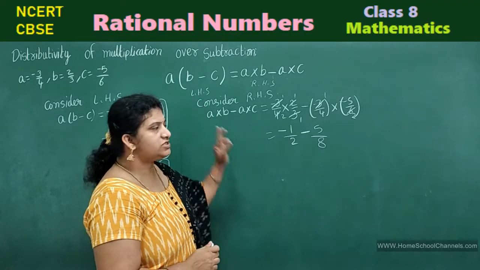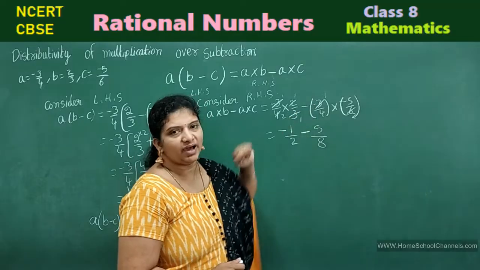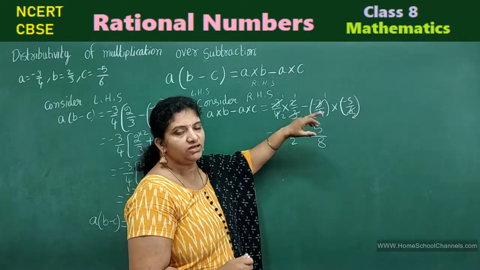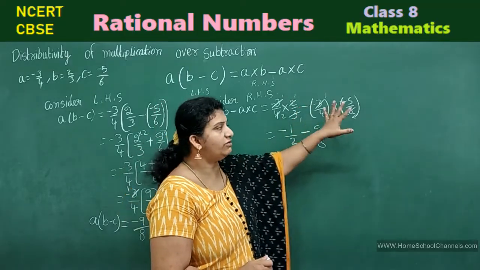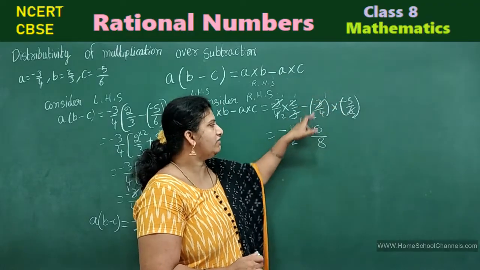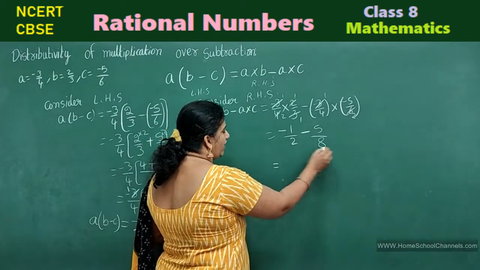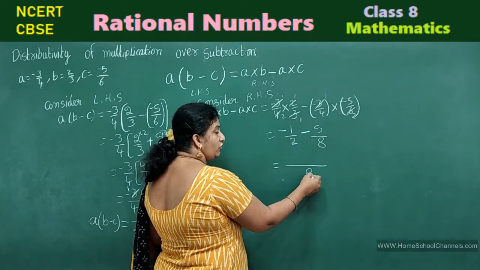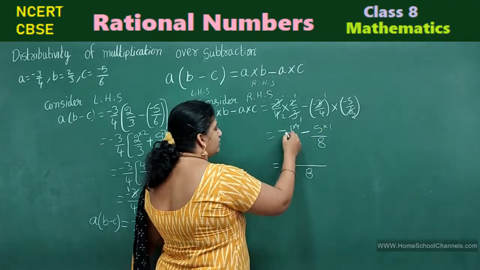Don't be confused. Slowly you do this multiplication. Minus into minus plus. Again you have here minus multiple, so plus into minus, minus. Now forget about the sign and then cancel 3 ones, 3 twos. 5 into 1 will be 5, 4 into 2 will be 8. Do LCM, 2 and 8 LCM is 8. 2 table where you get 8, 2 fours are 8, multiply 4 here and here 1.